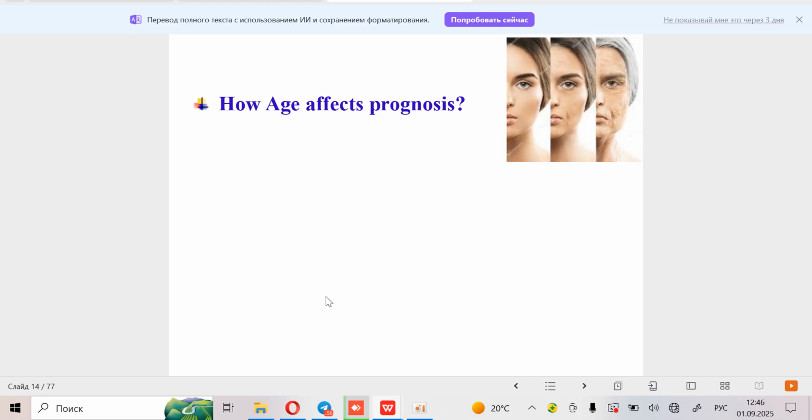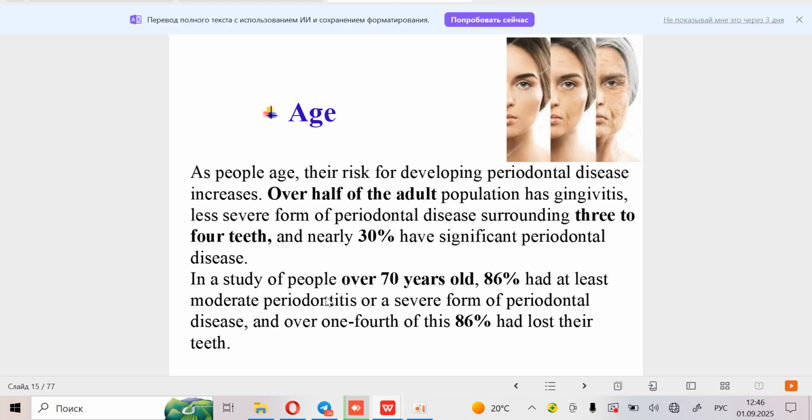How age affect prognosis? This is the first prognosis criteria, age. As people age, their risk of developing periodontal disease is increasing. Over half of the adult population has gingivitis, a less severe form of periodontal diseases surrounding 3 to 4 teeth, and nearly 30% have significant periodontal diseases.